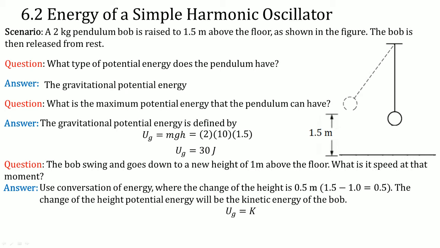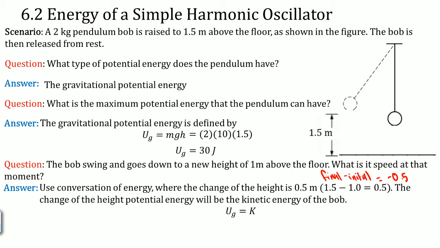I'm getting it from the original, which is 1.5, minus 1.0, which is the final height, which is equal to 0.5. If you did it the other way, final minus initial, you could also do that, but you're going to get a negative 0.5.